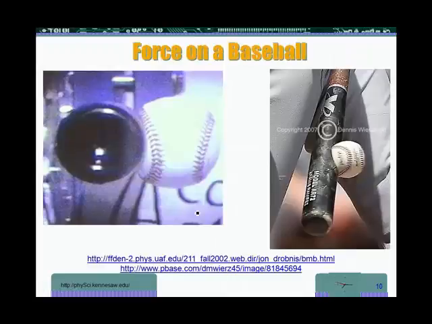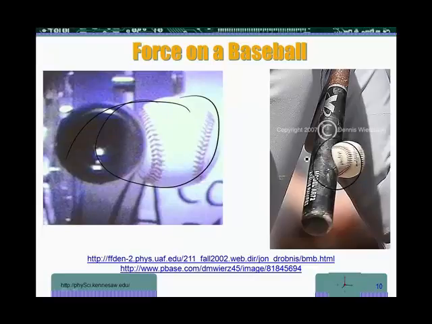Okay, now just a few pictures here. Look at a baseball bat on a baseball. Look how it affects the shape of the baseball, how it deforms it. That gives you an idea of how strong the force is that the bat is exerting on the ball. The ball, the minute it touches the bat, is spherical in shape, and then it's going to bend till it reaches about this shape here, and then it's going to regain its shape, bouncing off the bat and moving off.